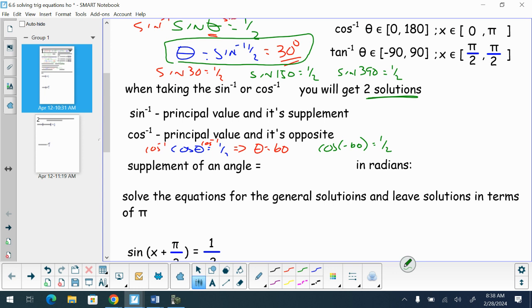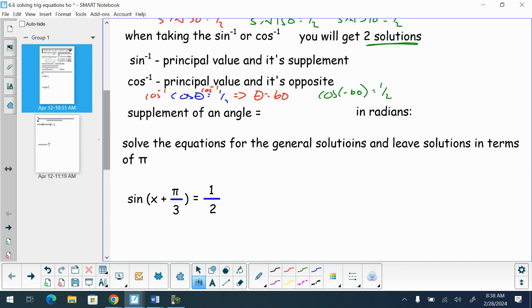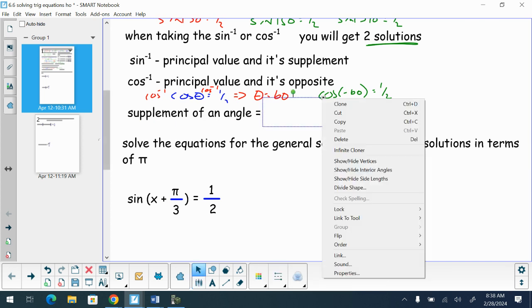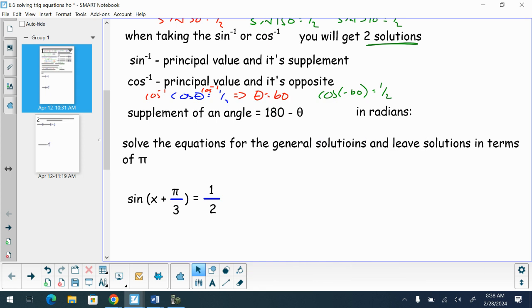Cosine of 120 will equal the cosine of negative 120. When we deal with the supplement of an angle, in degree mode we can subtract from 180, and in radian mode we have to subtract from pi.